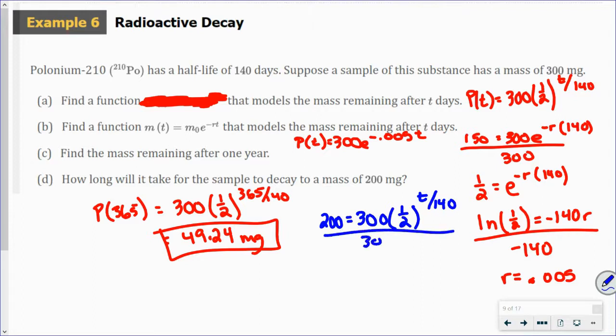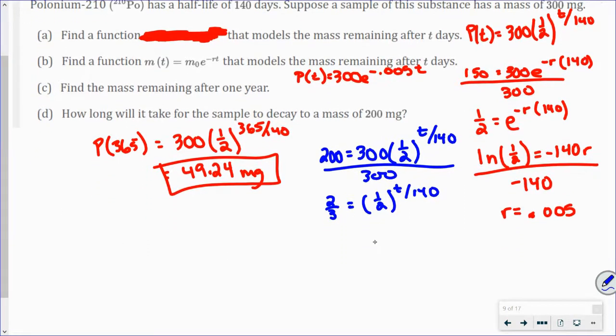So divide by 300, 2/3 equals 1/2 to the T over 140. And then we need to get it out of exponential, so into logarithmic. So log base 1/2, because that's the base, of 2/3 equals T over 140, times 140, so that cancels.